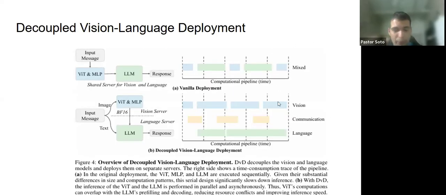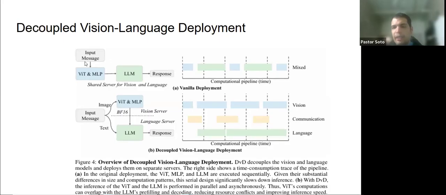Now, this was also a brilliant idea that they did. This is the coupled visual language deployment. Usually you have your image and you have a text like "describe this image." The image goes to a vision model, which processes the image, and then from this processing it goes to the LLM.